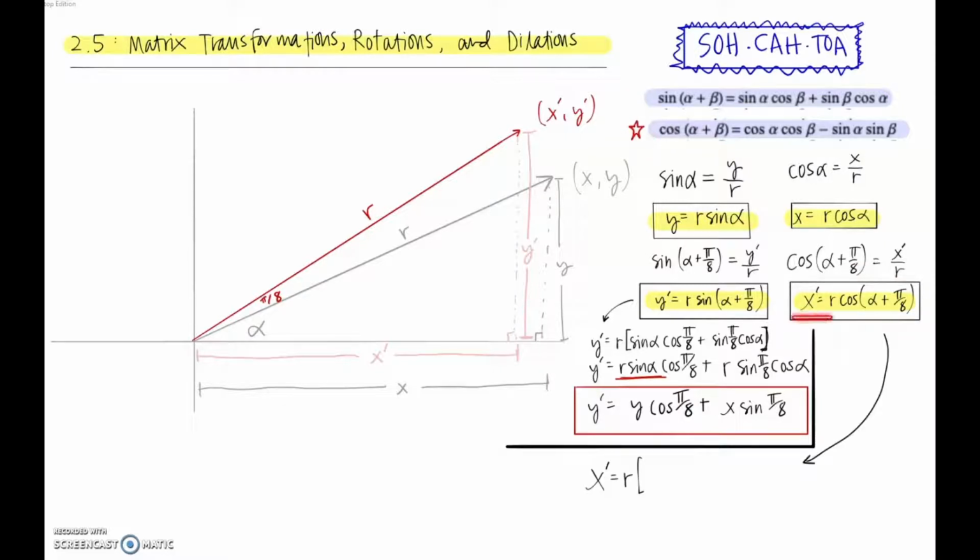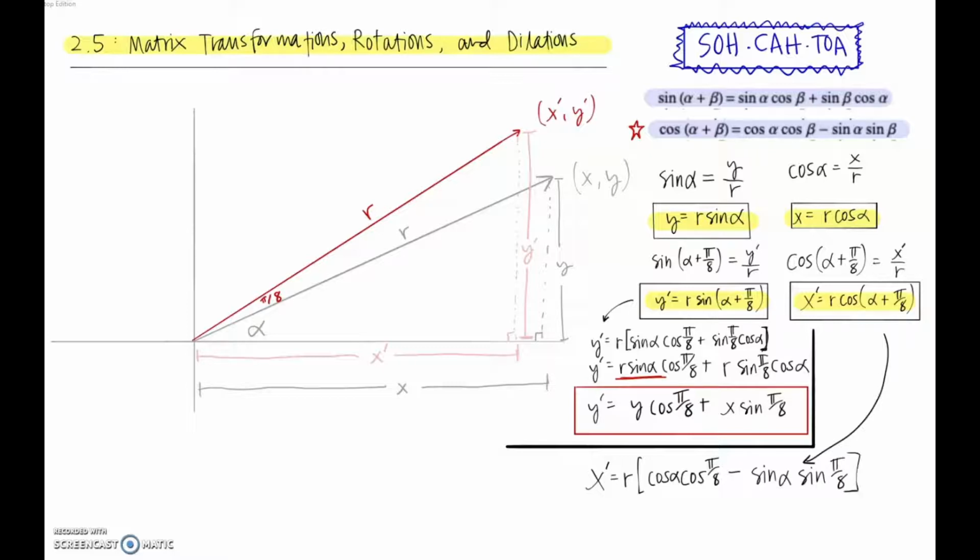So now I'm going to rewrite this equation, but right here I'm going to substitute this cosine of the sum of two angles for all of this right over here. So that'll give me x prime equals r times cosine of the first angle times cosine of the second angle minus sine of the first angle times sine of the second angle.